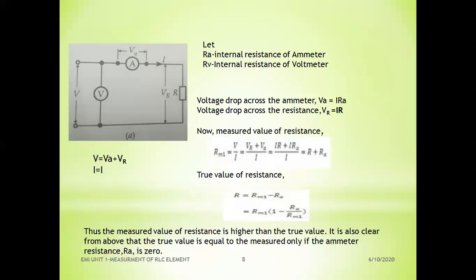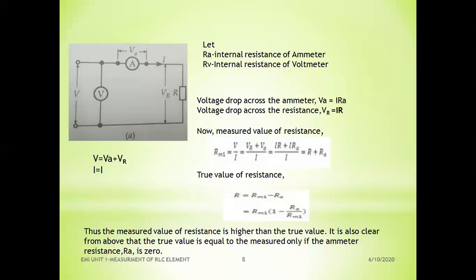Now the voltage drop across the ammeter, VA, is the current times the internal resistance, that is, I RA. The voltage drop across the resistance is the current I times the unknown resistance R. Now if we measure the value of resistance, denoted by Rm1, that means the measured value of resistance.